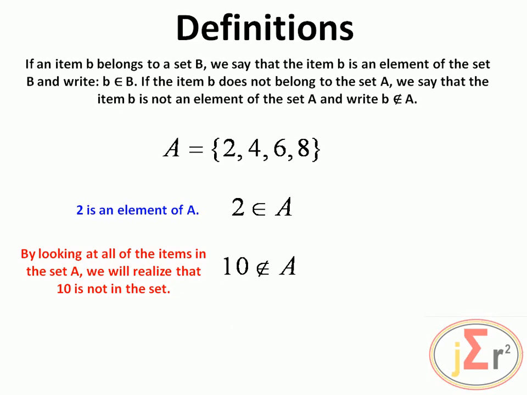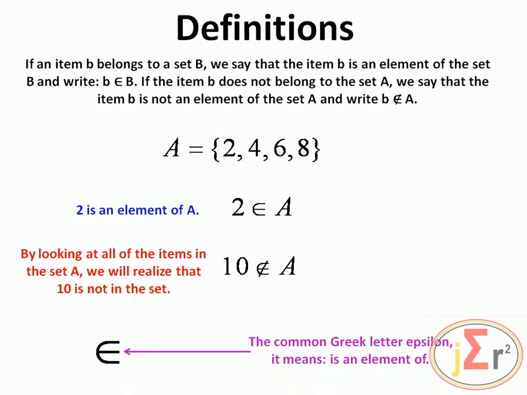Therefore, 10 is not an element of that set A. There we have something that looks like a flattened E. That is the common Greek letter epsilon, and it means, in set theory, an element of.